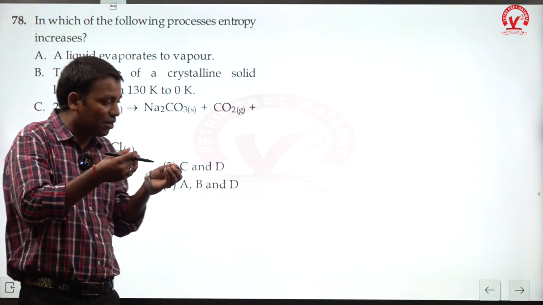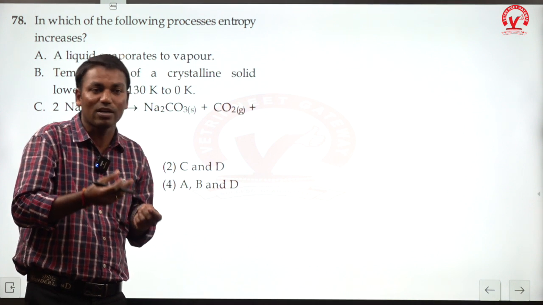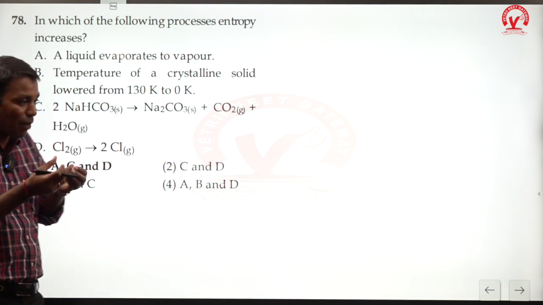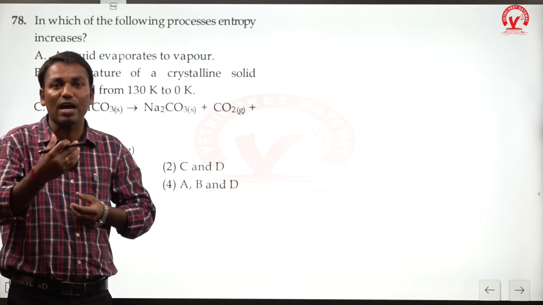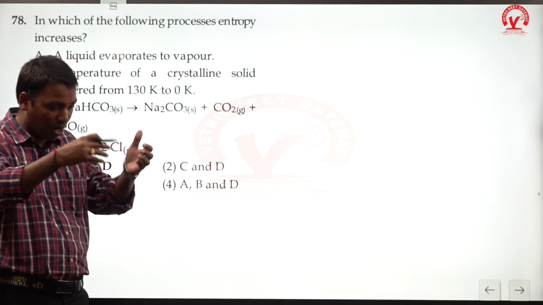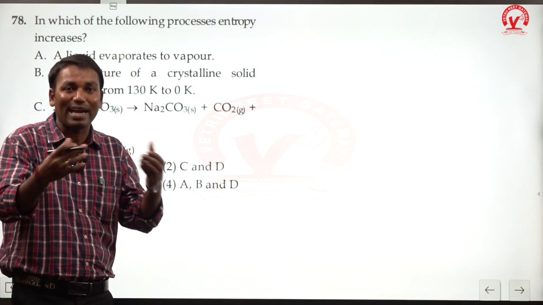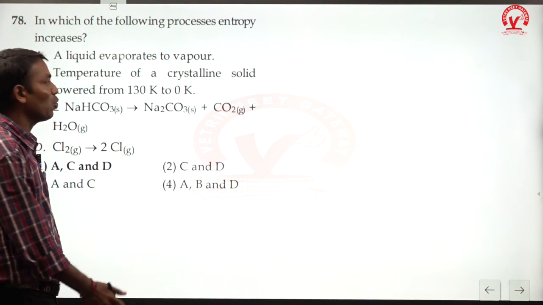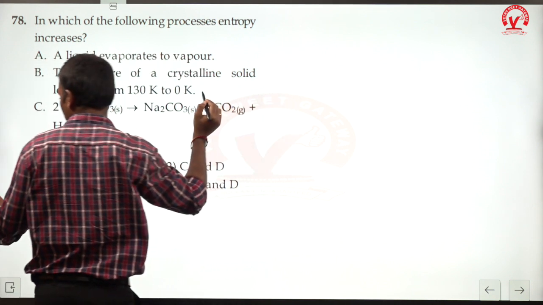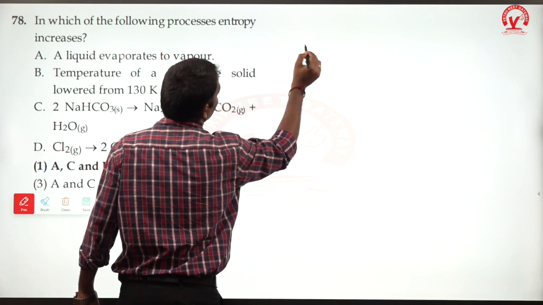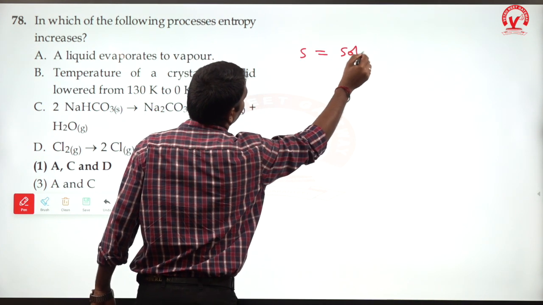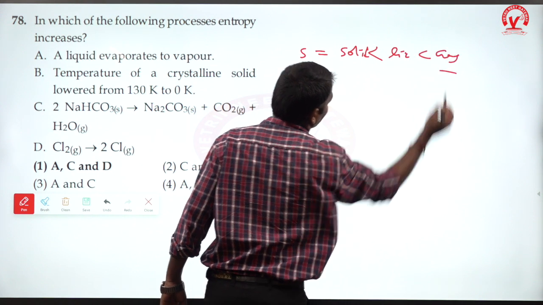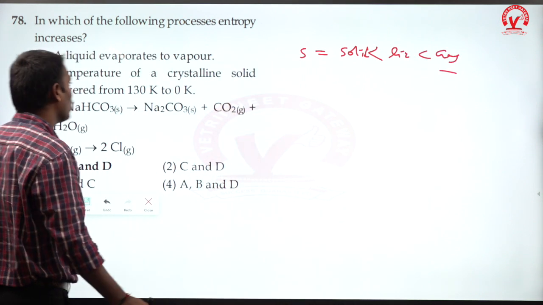If you take different physical states, solid, liquid, gases: in solid substances we observe a proper arrangement, then in liquids, then in gases the particles have more randomness. So the more the randomness, the more the entropy. The entropy order is solid, then liquid, then gas. Gas state has more randomness, that is more entropy.